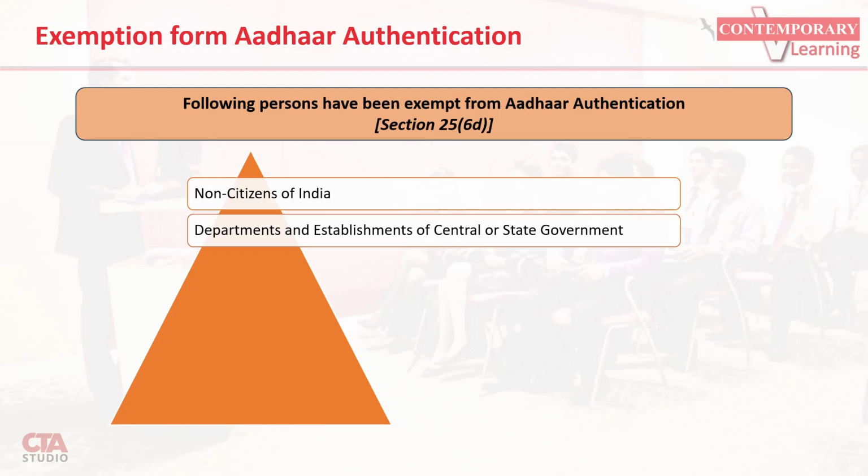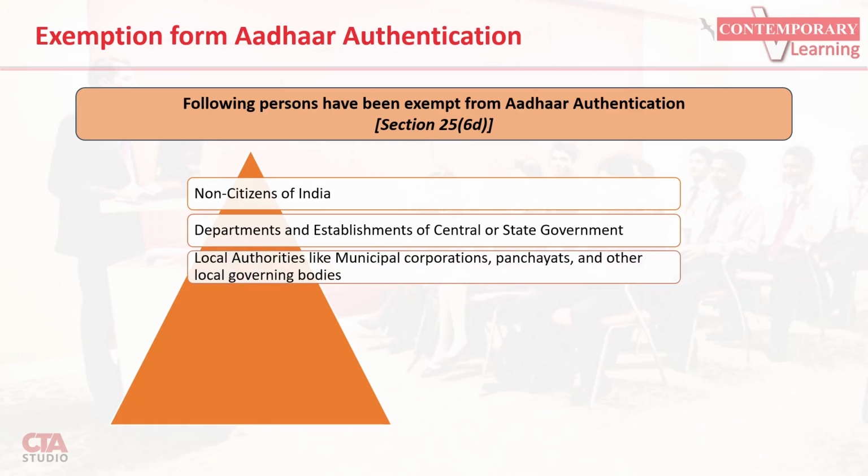Departments and establishments of central or state government entities are exempt, recognizing their official status. Local authorities. This includes municipal corporations, panchayats, and other local governing bodies. These are considered trustworthy entities due to their statutory nature.